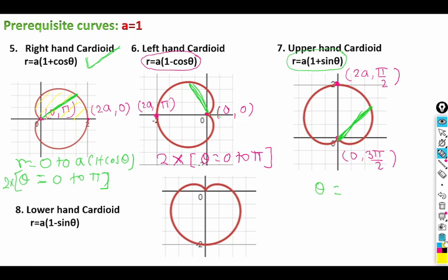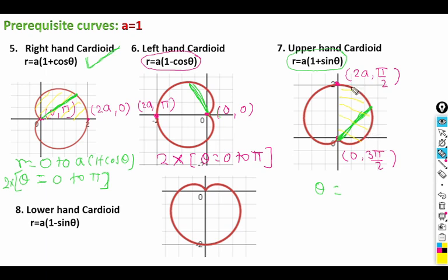To cover at least this right side, theta should vary from 3 pi by 2 to pi by 2, or pi by 2 to 3 pi by 2. You can take any one of those. The first point, r equal to 0, we get for 3 pi by 2, and 2a comma pi by 2 we get for pi by 2.